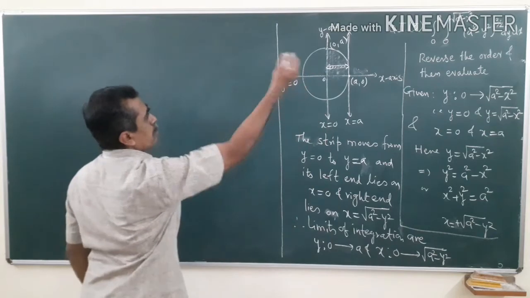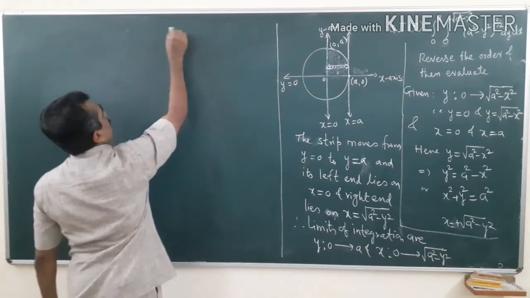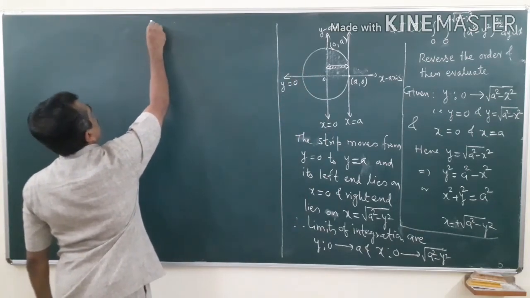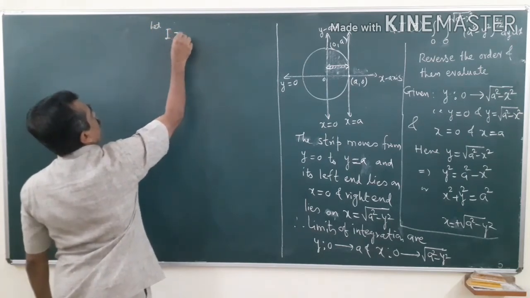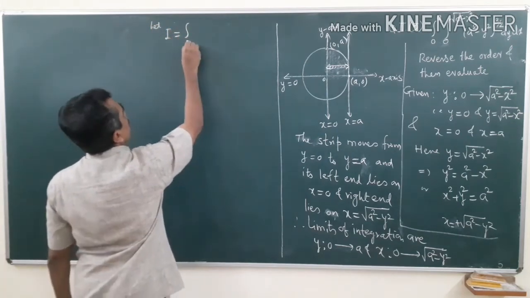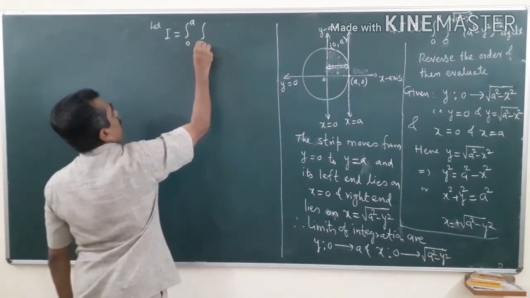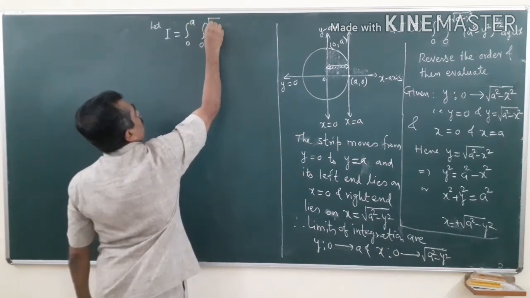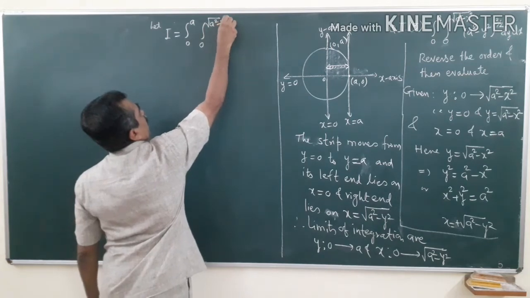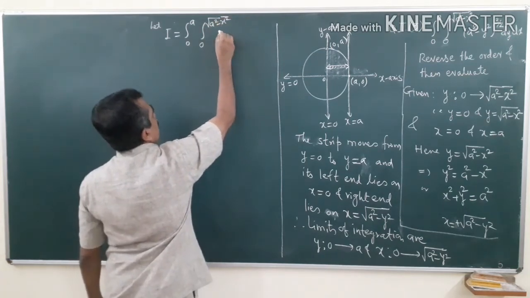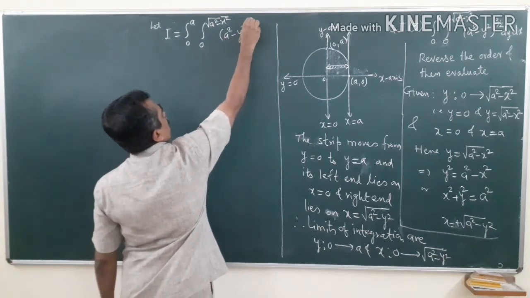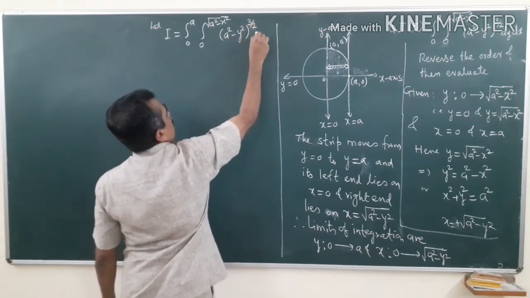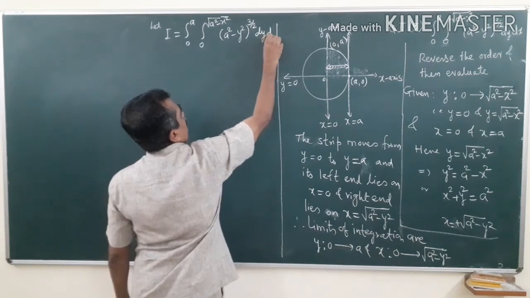Now consider your integral. Okay, so let I is equal to integral, what is the given integral? 0 to under root a square minus x square, integral of a square minus y square raised to 3 by 2 dy dx.